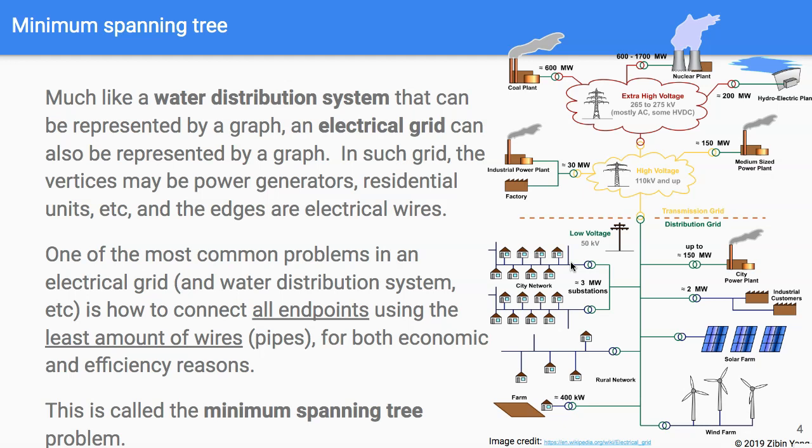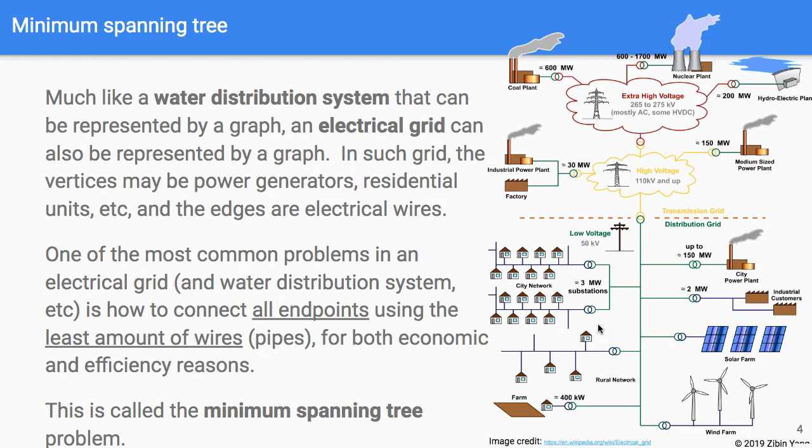Okay, so another very common problem in such a graph, let's say an electrical system or a water distribution system, is how to connect all these different endpoints, right? How to connect the power plants and all the houses using the minimum amount of wires, or in the case of the water distribution system, how to use the minimum amount of pipes to connect all of these endpoints together.